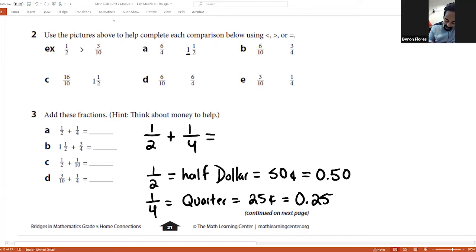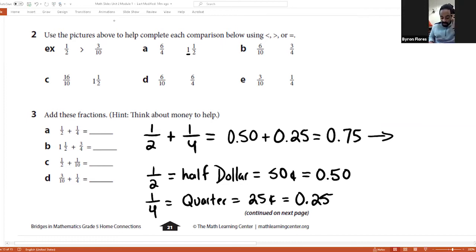So what I'm actually going to add is 0.50 plus 0.25. And if I add these two numbers together, it's 0.75. But since our equation's in fractions, our answer needs to be in fractions. So we have to convert the 0.75 into a fraction. Now, when we think about fractions, what coin can we use in order to get 75 cents?